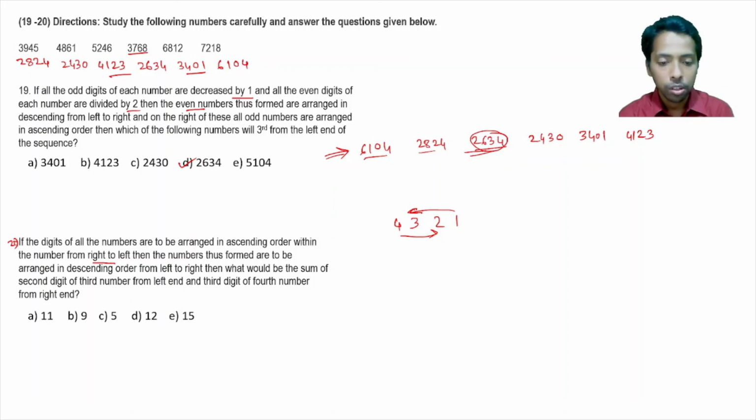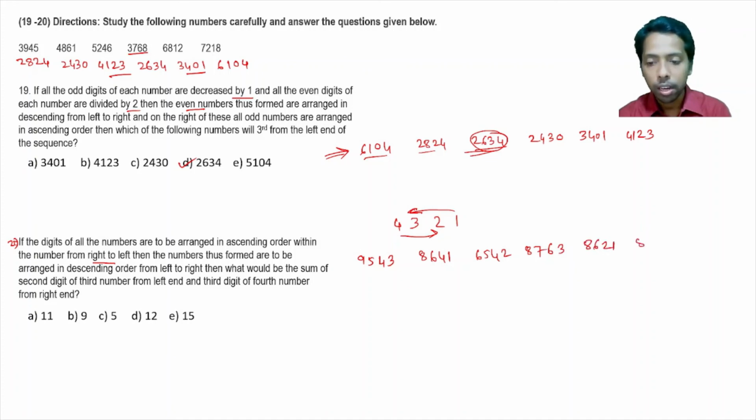Okay, so the first one is 9 5 4 3, then 8 6 4 1, then 6 5 4 2, then 8 7 6 3, then 8 6 2 1, then 8 7 2 1, right? Now the numbers thus formed are to be arranged in descending order from left to right.